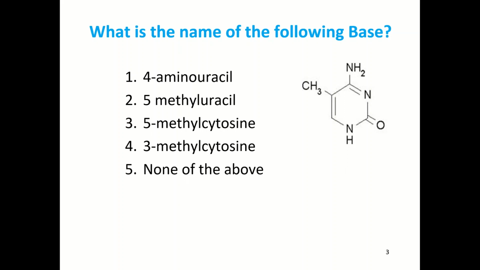What is the name of the following base? This might be a little bit tricky. This one's actually 5-methylcytosine. The counting starts 1, 2, 3, 4, 5, and that would be the methyl group there. If that wasn't there, this would be what cytosine looks like, cytosine.